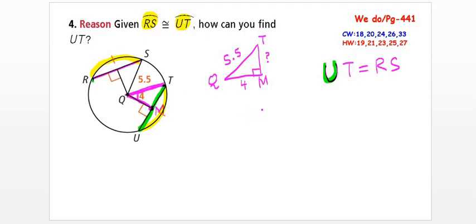Now how do you find a missing side of a right angle triangle? We make use of the Pythagorean theorem. What is the Pythagorean theorem? C squared equals A squared plus B squared.